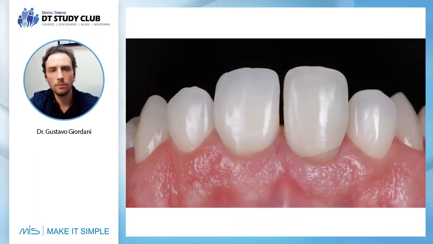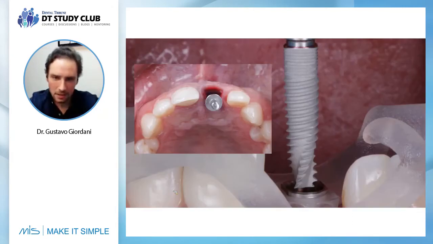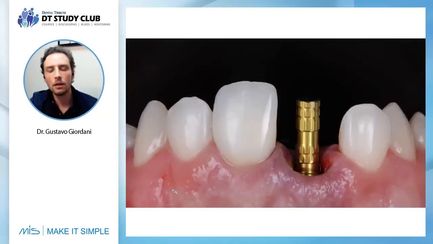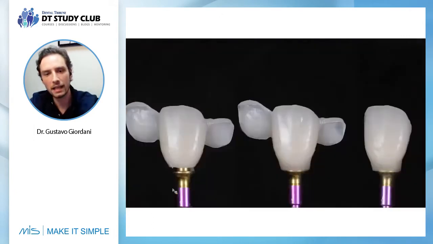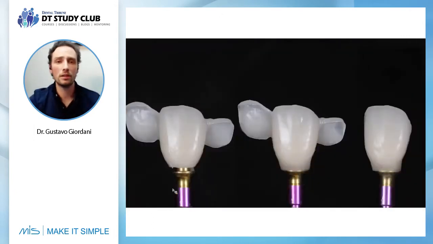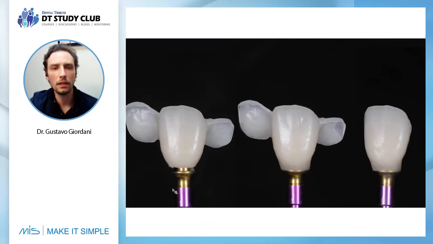So let me use this as an example. Just removing the tooth, placing a V3 guided again, putting a provisional cylinder inside the mouth, and then I just take this PMMA provisional, I put it inside the mouth, and with flowable composite, I'm just gonna do my immediate provisional.